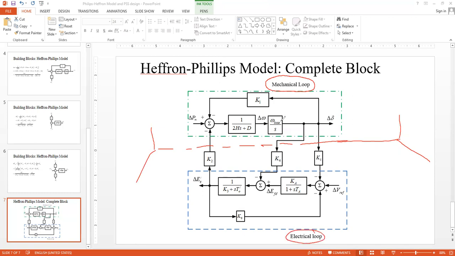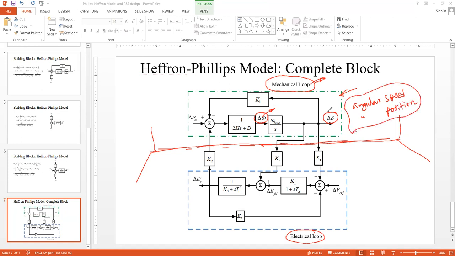The variables coming out in the upper green dotted block are the mechanical quantities, the angular speed and angular position of the machine. This is why it is called the mechanical loop.